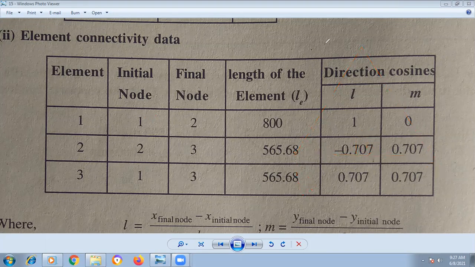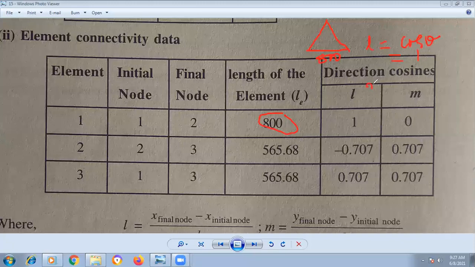So obviously, now if you see, the length of the element is 800. This we know directly. L equal to cos theta, direction cosine L. Cos 0 equal to, anybody? 1. And sine 0 equal to 0.